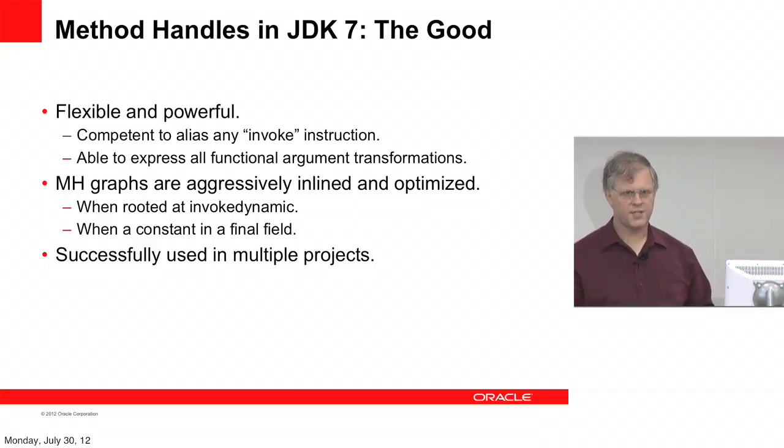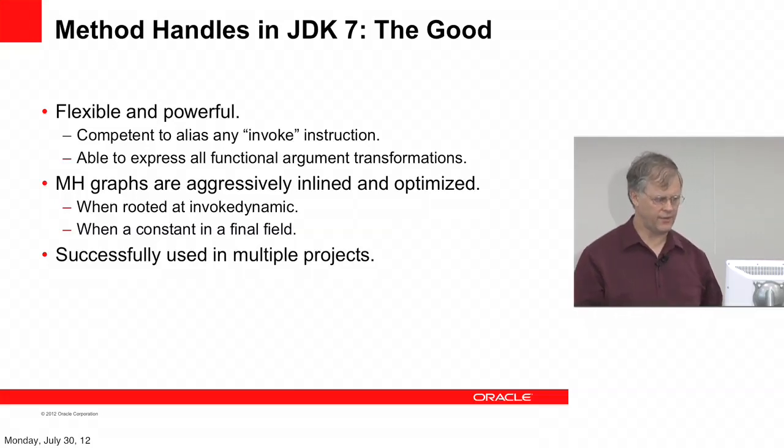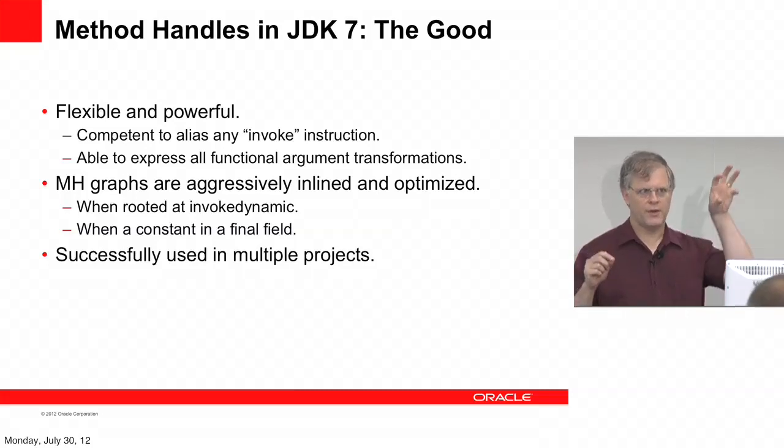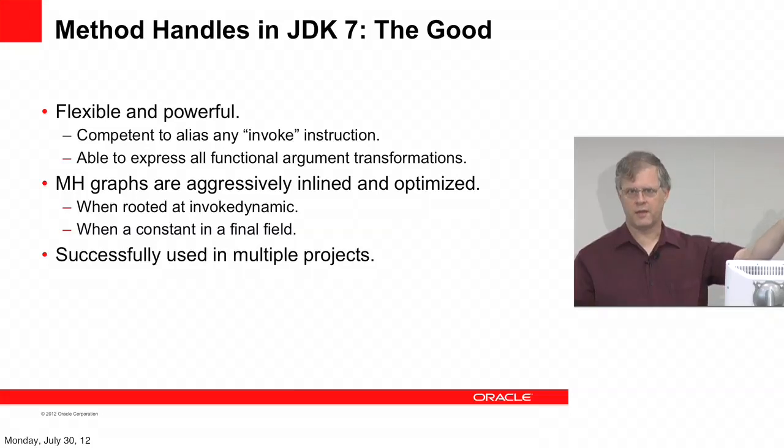The optimization of these guys is aggressive, and we get some good performance for many interesting benchmarks and many interesting applications in JDK7. The important tactic that works well in JDK7 is that when you have a constant method handle and you are compiling a call to it, the inliner goes to town on it, and the method handle graph structure is collapsed into machine code.